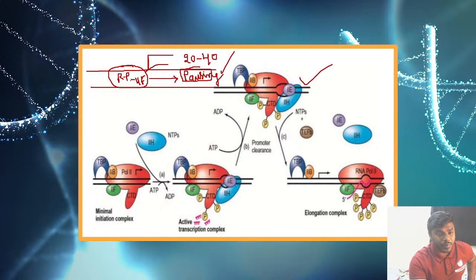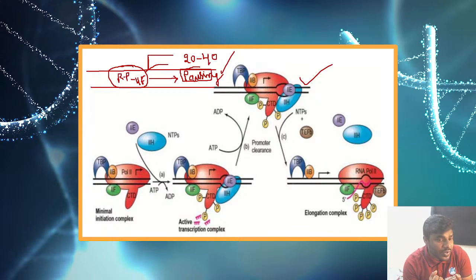Whenever RNA polymerase starts the process of initiation from the initiator region, when it comes down 20 to 40 nucleotides, there is an important site located. We call it the RNA polymerase pausing site. At that particular site, RNA polymerase never moves.